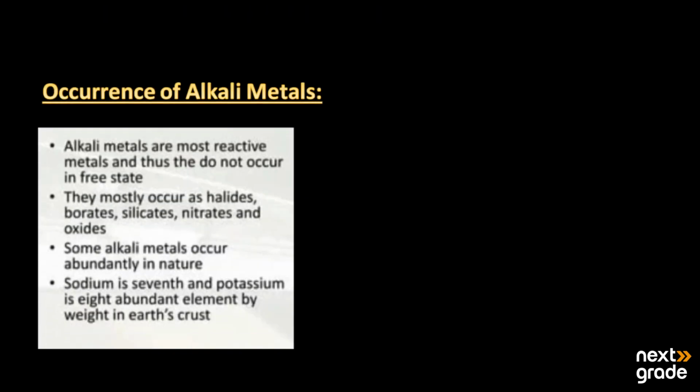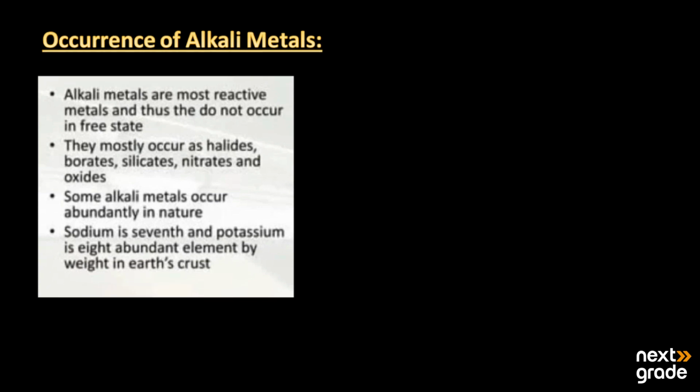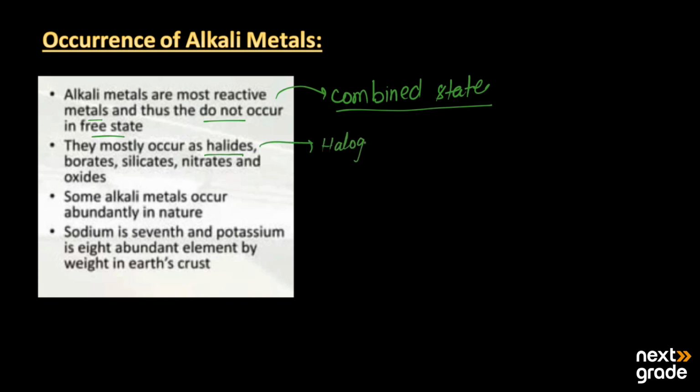First, we have the occurrence of alkali metals. Alkali metals are the most reactive metals, so they do not exist in the free state. Always they exist in the combined state, so they can form different compounds. They may occur in the form of halides, having bonds with the halogens.